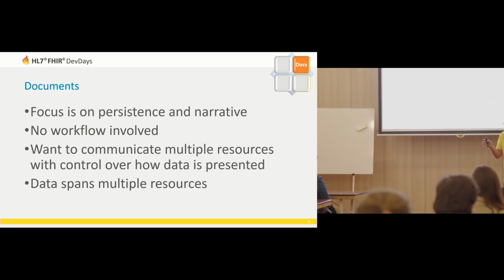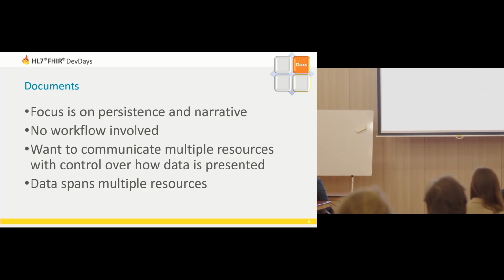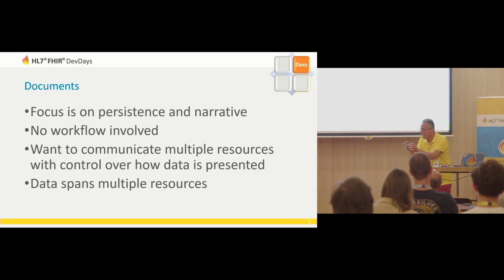So that's why you have the long-term persistence. I don't know by whom or in what context this coherent set of information is going to be processed. That's a document. So in terms of FHIR, we're talking about a bundle, a set of FHIR resources to basically contain all of the details of this story, the summary that I'm going to send somewhere else.